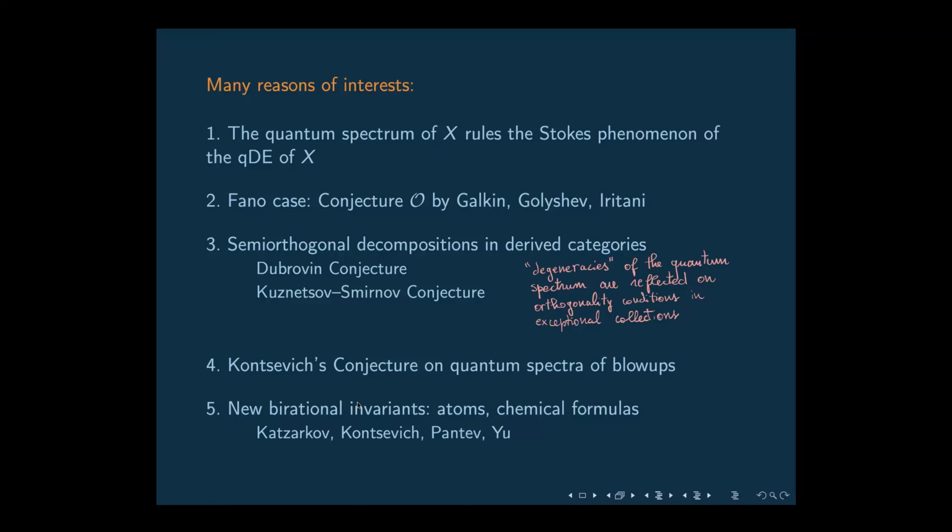A further point of interest is a conjecture due to Maxim Kontsevich on the structure of quantum spectra of Fano varieties, and related also to that, let me also mention a very new, exciting research area due to Katzarkov, Kontsevich, Pantev, and Yu, in which essentially they were able to construct new birational invariants known as atoms or chemical formulas from quantum cohomology, from quantum products.